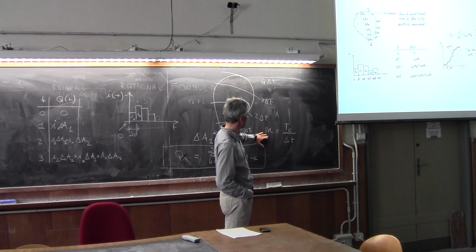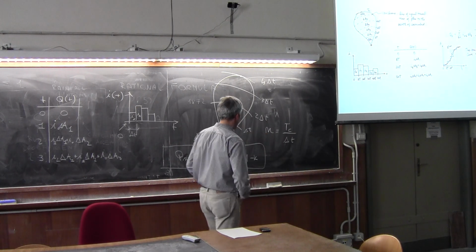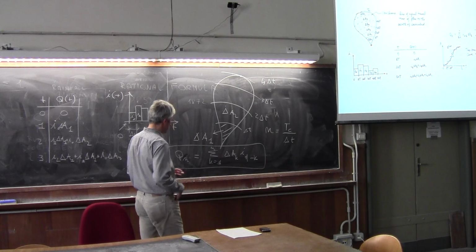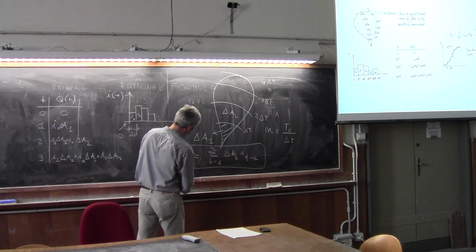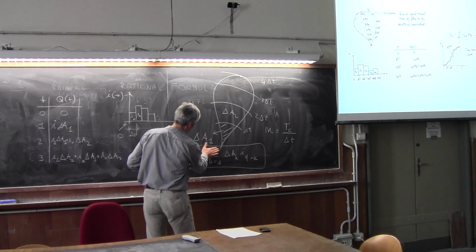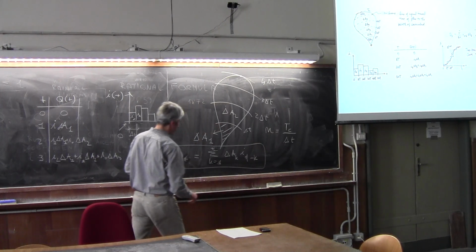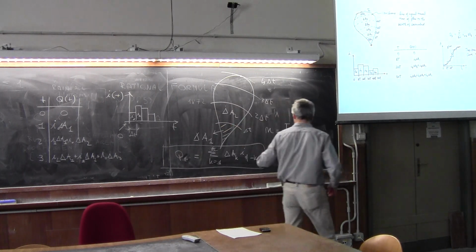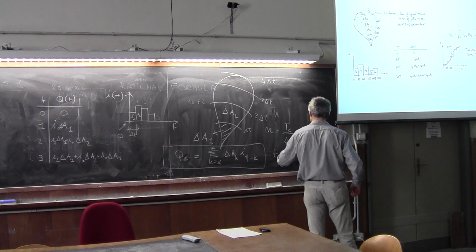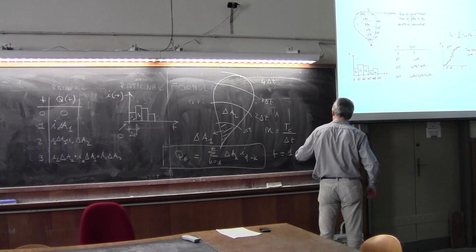Instead I want something varying from 1 to n. So let me write it in this way: Qt, and here I have to use t instead of n, and this is valid for t equal to 1, comma, n.